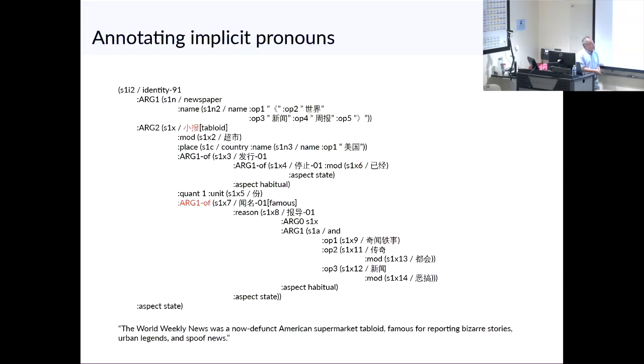So that's one way of dealing with this. So here it says you have this newspaper, which is the one that is famous, right? So you sidestep the whole thing and just say that does not exist, and you do not lose anything. So in this way, you treat it like English, which is you don't propose some pronoun, you just say there's reentrancy, or you use an inverse relation, and you capture the relationship between "famous" and the newspaper, and you're done, right?